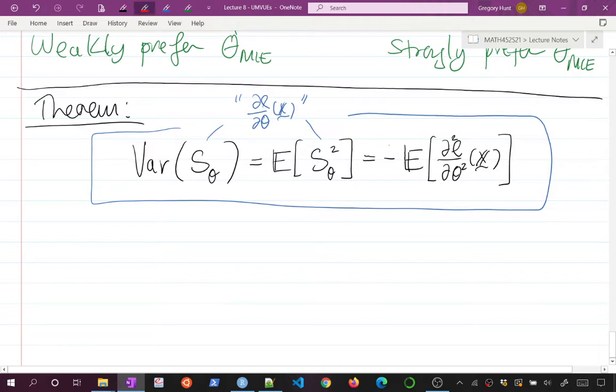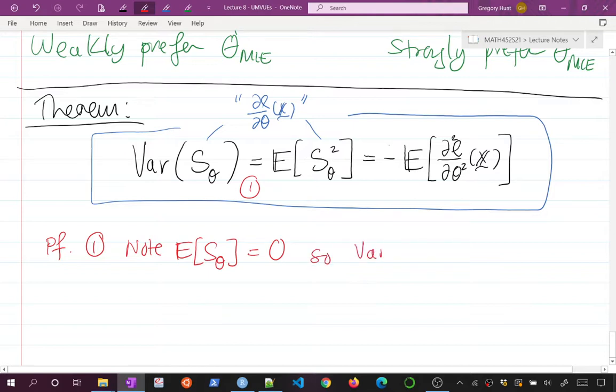Okay. So this theorem says the variance of the score, this is equality 1, is equal to the expected value of the second moment of it. This is easy. So proof of 1: note that the expected value of my score is 0, right?